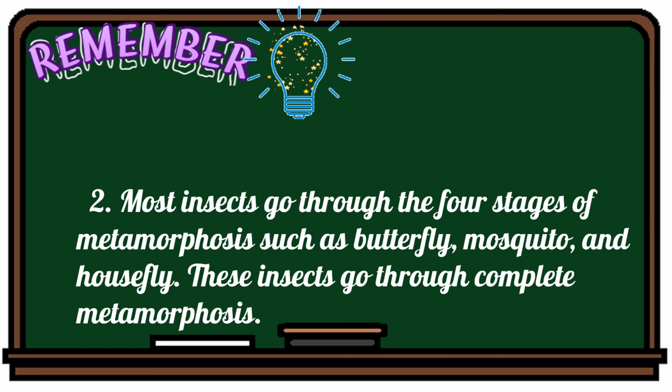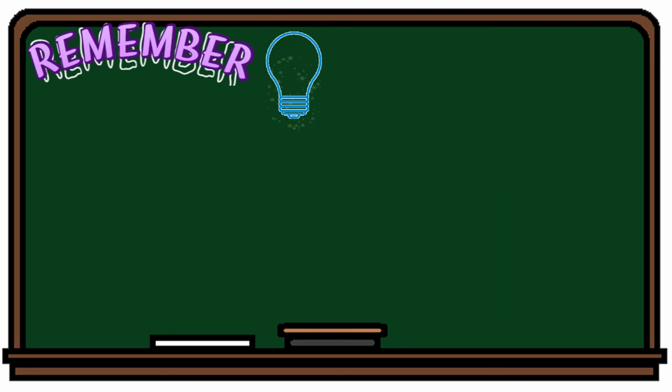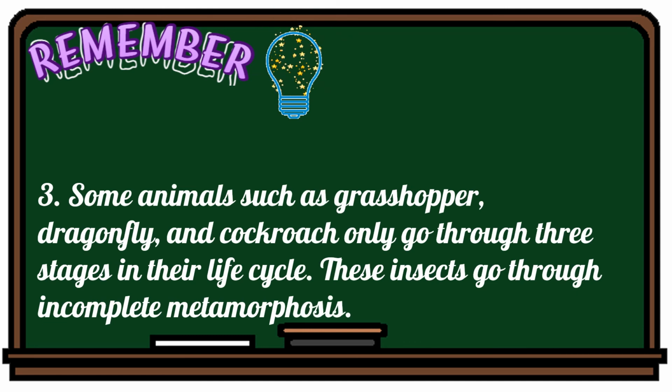These insects go through complete metamorphosis. Some animals, such as grasshopper, dragonfly, and cockroach, only go through 3 stages in their life cycle. These insects go through incomplete metamorphosis.